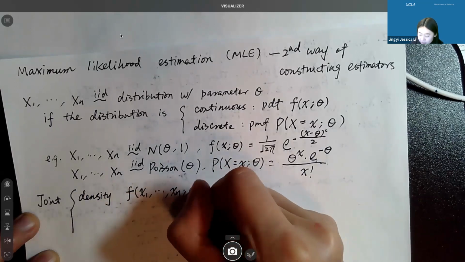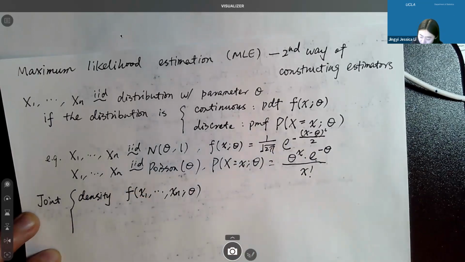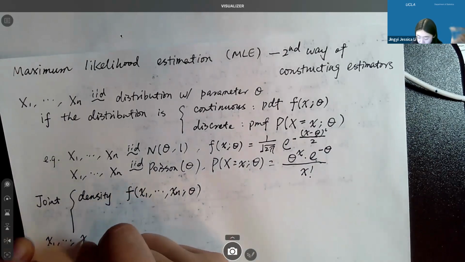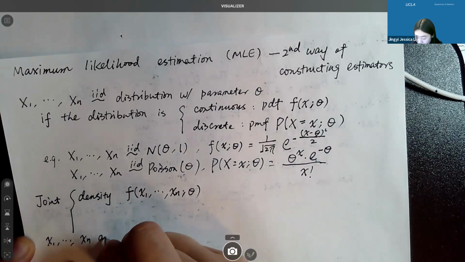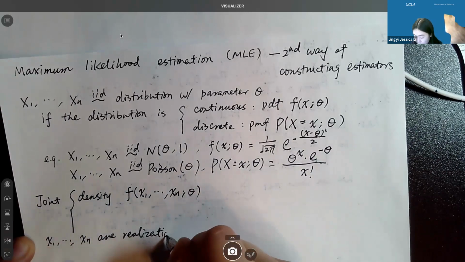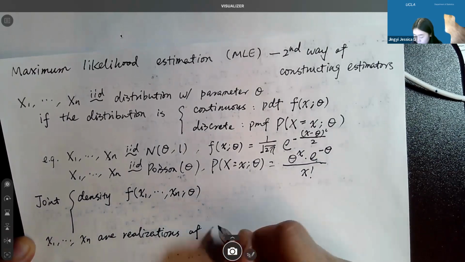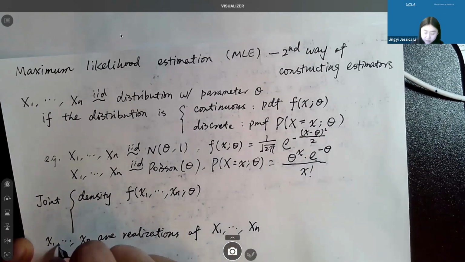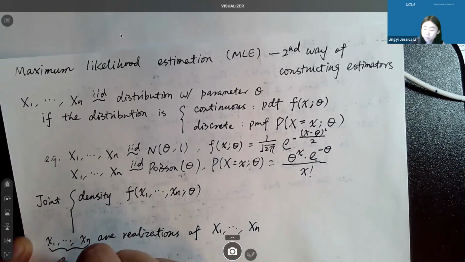So suppose, I'm just going to make a note here, that x1 to xn are realizations of our random variables X1 to Xn. In other words, this is what we call our data, the n numbers we observe.